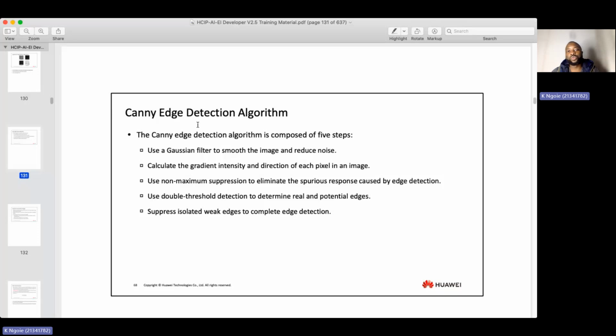We use the Gaussian filter to smooth the image and reduce the noise, calculate the gradient intensity and the direction of each pixel in the image, use non-maximum suppression to eliminate the spurious response caused by edge detection, and then use double threshold detection to determine real and potential edges, and then suppress isolated weak edges to complete edge detection. So that was just for edge detection.